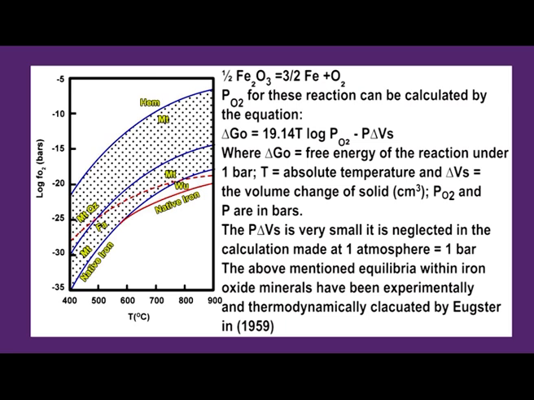PO2 and P are in bars. The P delta Vs term is very small. It is neglected in the calculation made at 1 atmosphere, equal to 1 bar. The above-mentioned equilibria within iron oxide minerals have been experimentally and thermodynamically calculated by Eugster in 1959.